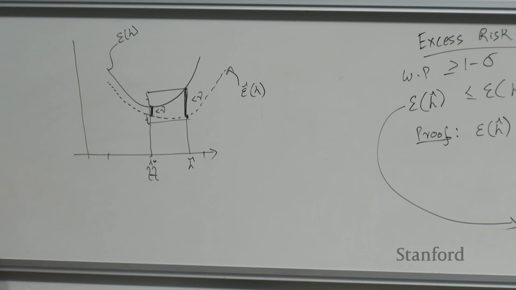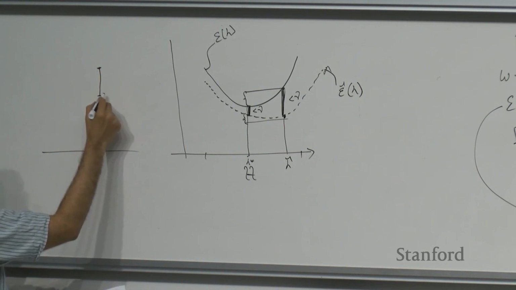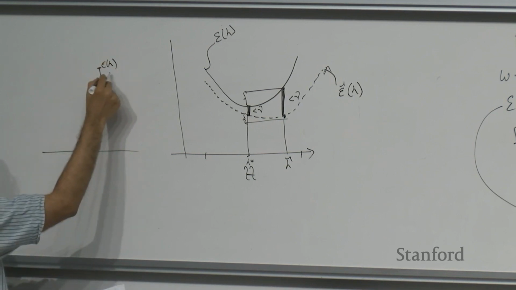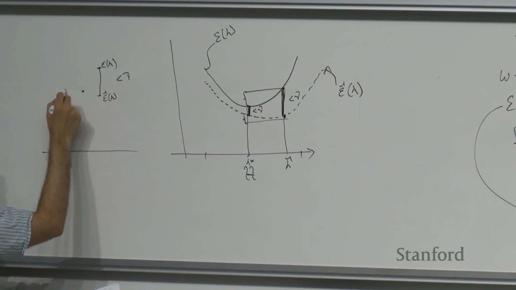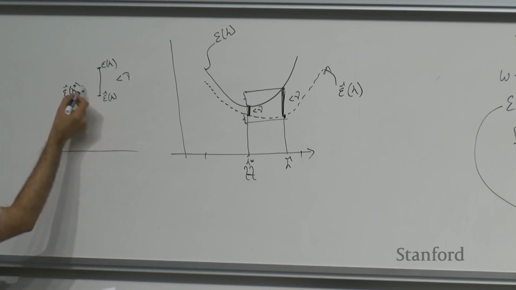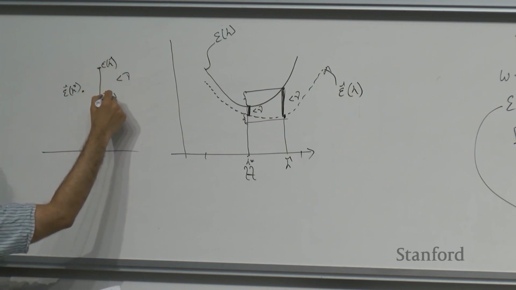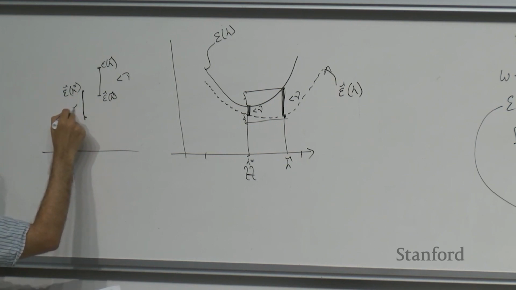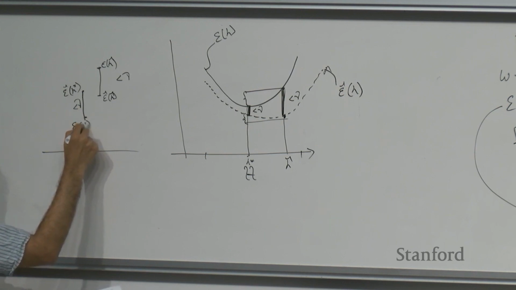So to draw it clearly, this is epsilon hat of h, this is epsilon of h, and this is at most gamma, and we have epsilon hat of h star, which must be more than epsilon hat of h hat, and this can be at most, this is less than gamma, and this is epsilon of h star.